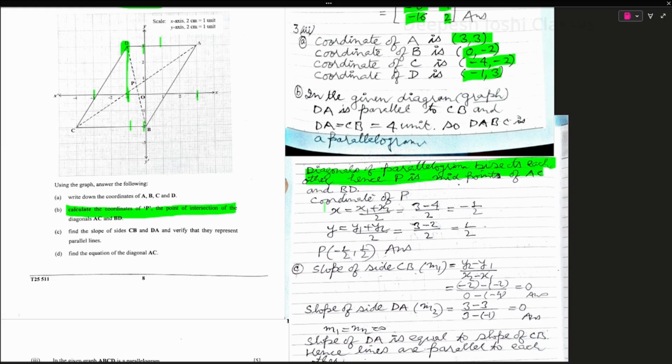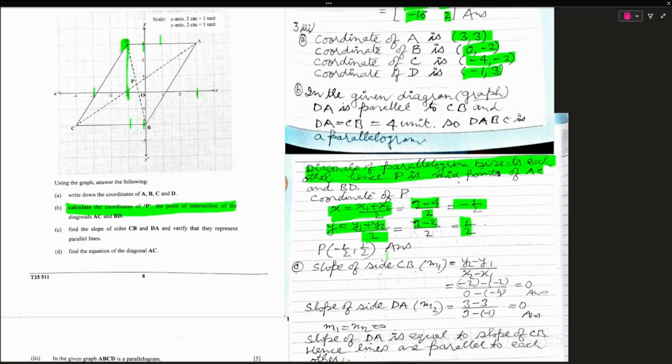We will solve by the midpoint formula: x is equal to x1 plus x2 by 2 and y is equal to y1 plus y2 by 2. On putting the values of x1 and x2, we have 3 minus 3 divided by 2, which means 0, and y is equal to y1 plus y2, 3 minus 2 divided by 2, that is 1 by 2. So the answer of this part is 0 and plus half.